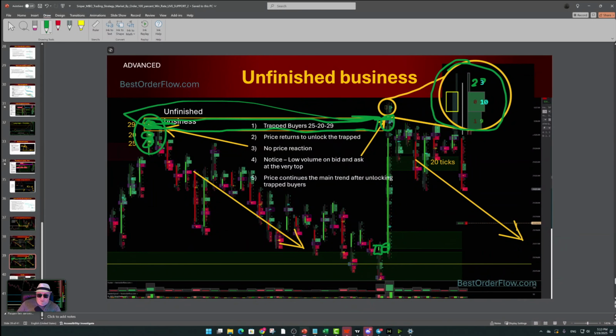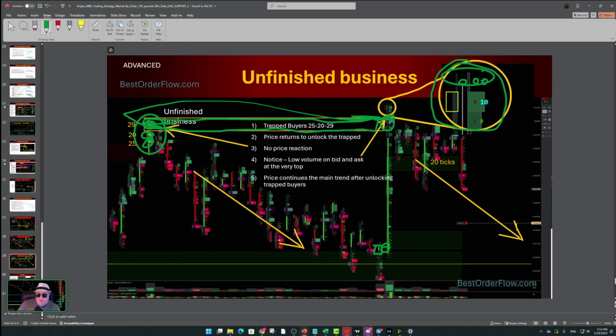Perfect would be if this very tippy top was 0 and 0. This is finished business. Nobody is fighting at the top. That means the price is not intended to move higher. That's it. Nobody fights there.